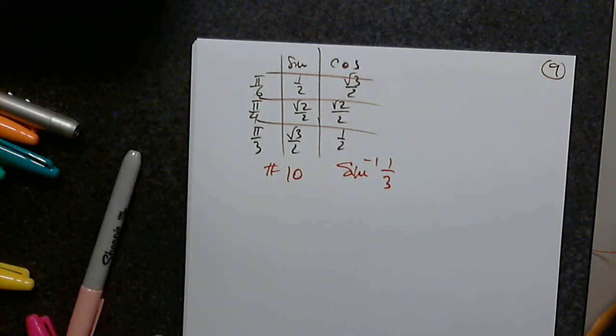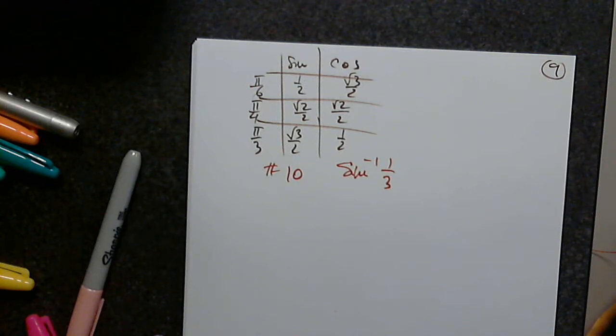Okay. Yes, it was problem 10. Oh, no, I just want you to know how, because we're going to have word problems in which we may not have something very nice like 30 degrees, 60 degrees, 45 degrees, and we may have to find sine inverse of something else.